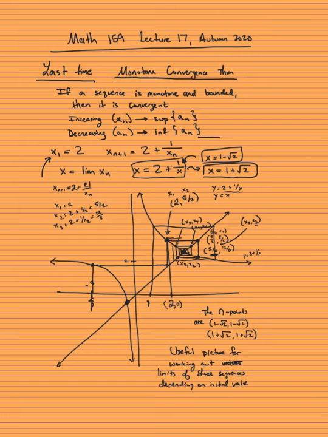Remember, it wasn't necessarily obvious that I had to converge to this one and not this one. In this case, I had a positive versus a negative, so I was able to easily check. But you can imagine there are other functions where this becomes hard to work out, but this picture is a good guide, at least, right? You can start drawing on the graph, draw y equals x, plug in your point, and see where it ends up going, okay?